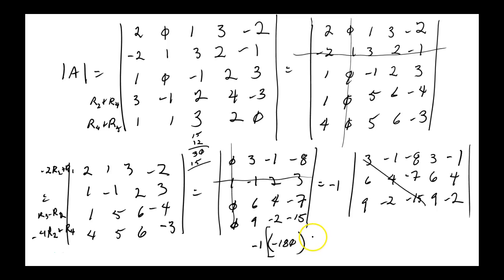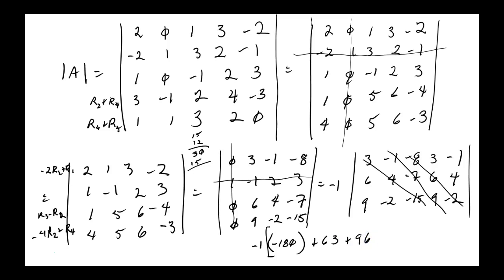Okay. And this will be a plus 63 because you got two minuses there. And this one will be a plus 12 times 8. Oh, let's do it this way. 48 times 2 is 96.